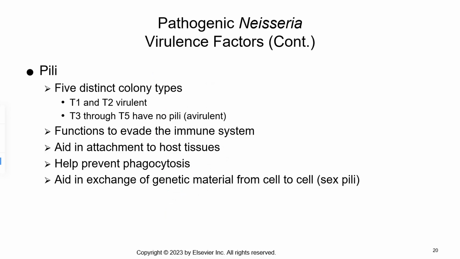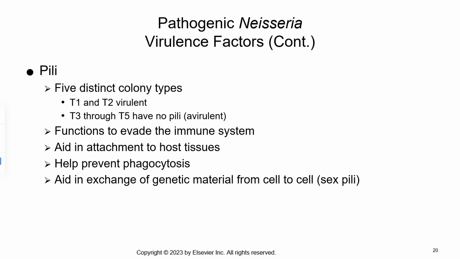So the pili: there are 5 distinct colony types. You don't need to know what those are, but they function to evade the immune system. They help it attach to the host tissues, prevent phagocytosis, and they aid in the exchange of genetic material from cell to cell. Some of these pili can grow really long and insert into neighboring cells.